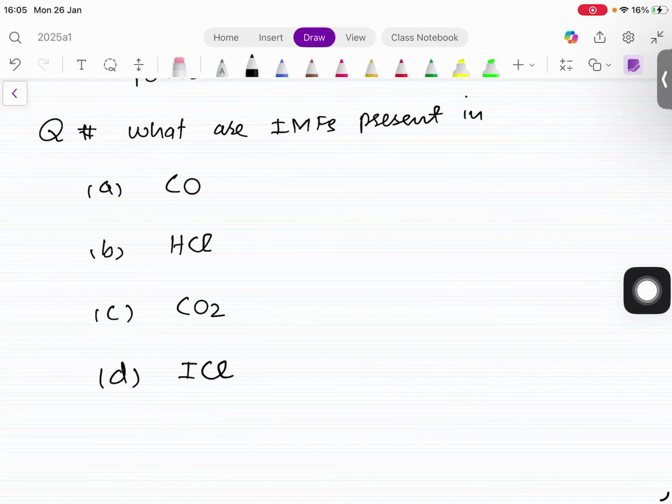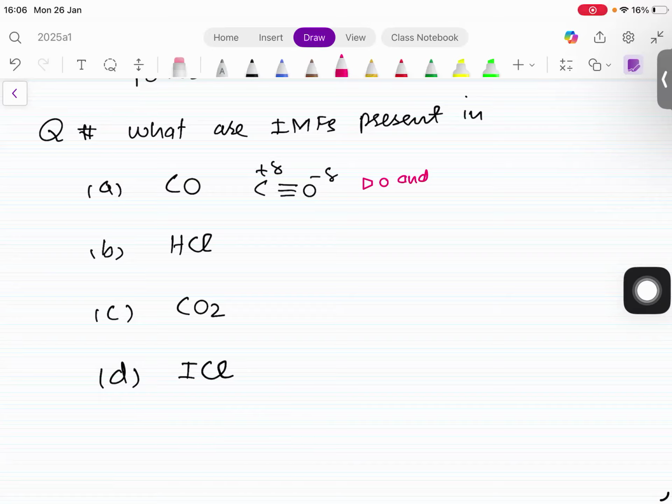Okay, now carbon monoxide has permanent dipoles, so its intermolecular forces are both DD and DID, or PDPD or IDID. HCl is polar, so it contains both. Carbon dioxide is non-polar.